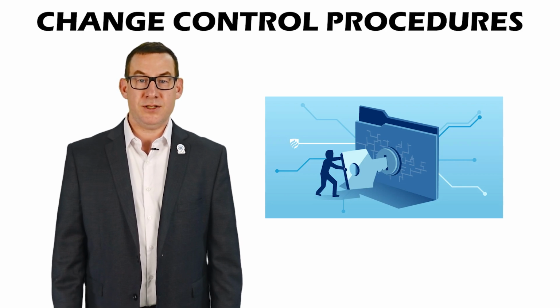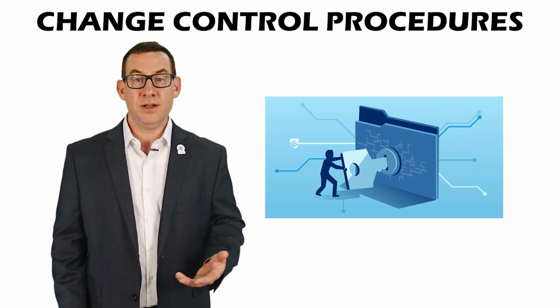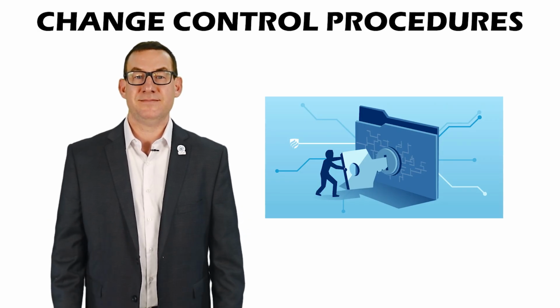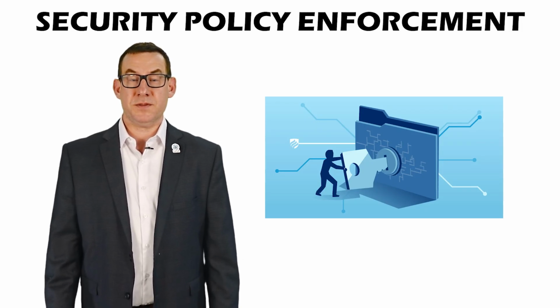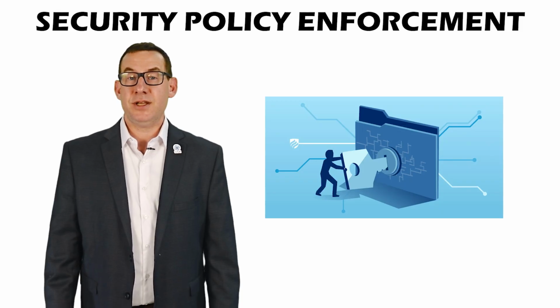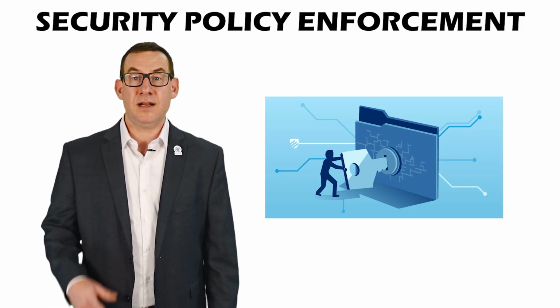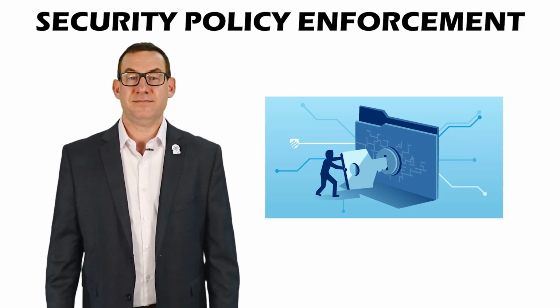Change control procedures ensure all updates and modifications are reviewed, tested, and documented before implementation. Security policy enforcement. Security policy enforcement applies organizational policies for data classification, retention, and access management.